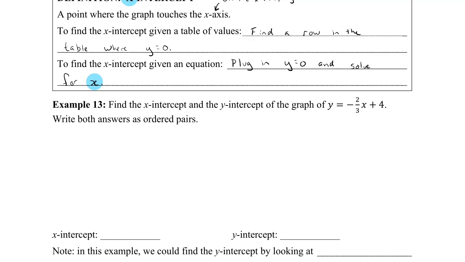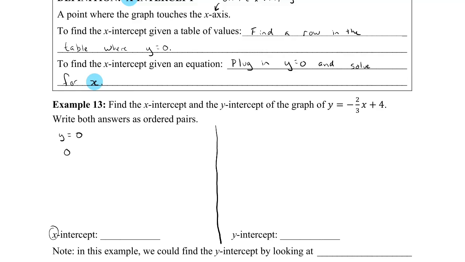Here we have a linear equation in two variables. And we're asked to find the x-intercept and the y-intercept of the graph of this equation. So for the x-intercept, we're going to plug in y equals 0.